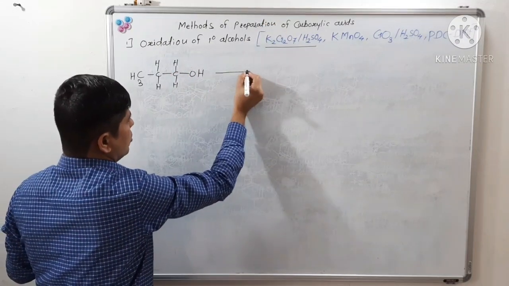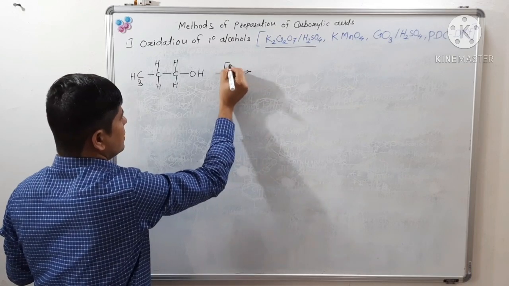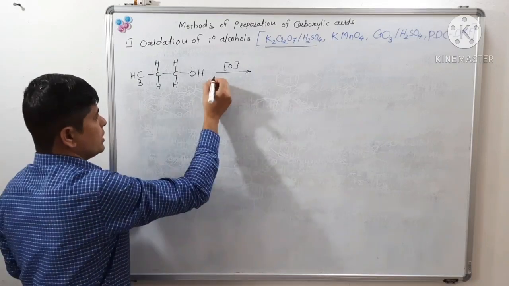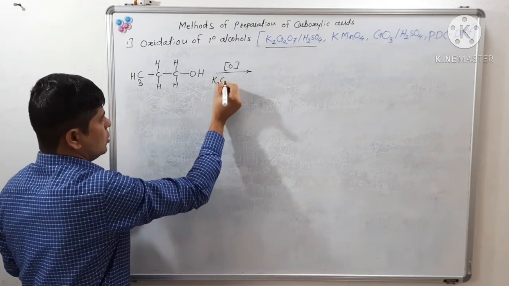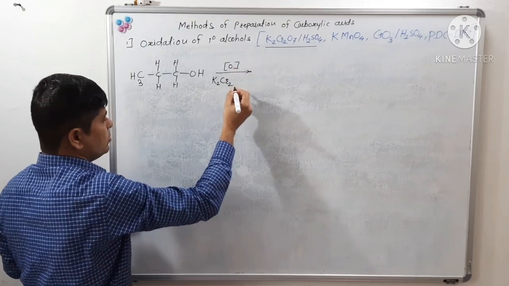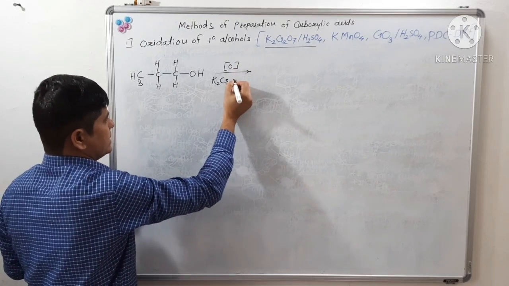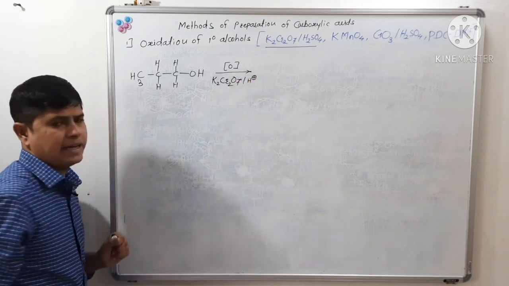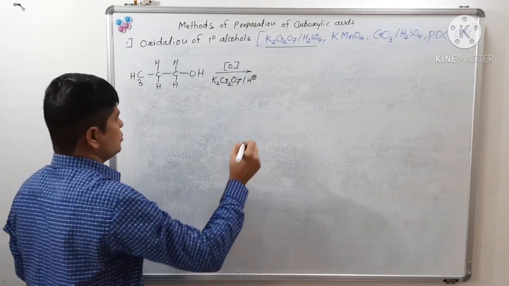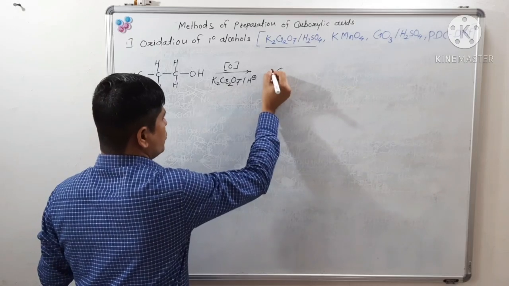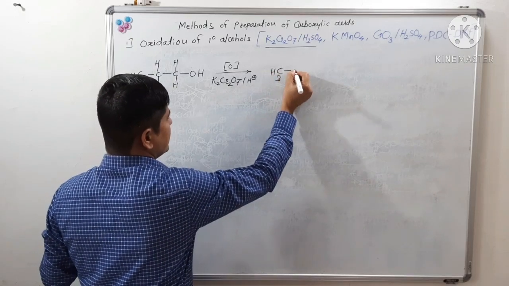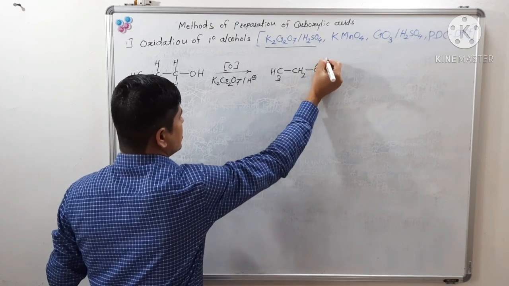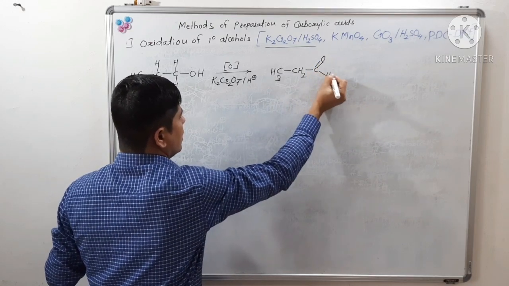On oxidation with any one of these reagents, that is potassium dichromate, KMnO4, chromium trioxide or PDC, K2Cr2O7 in presence of H plus, concentrated H2SO4, first of all we will get conversion of this N-propanol into the corresponding aldehyde.